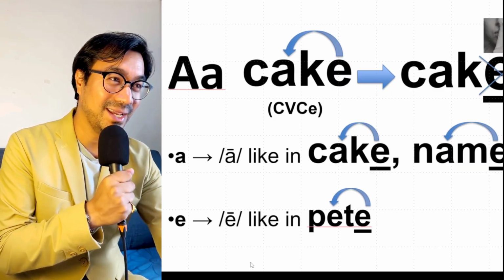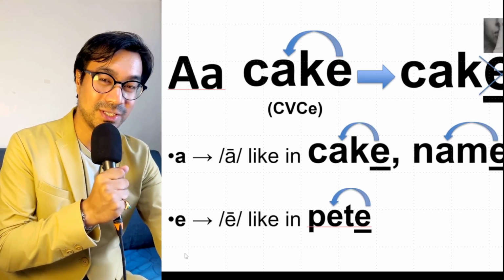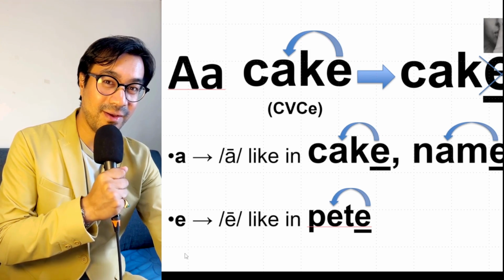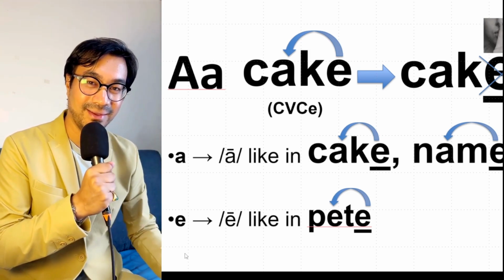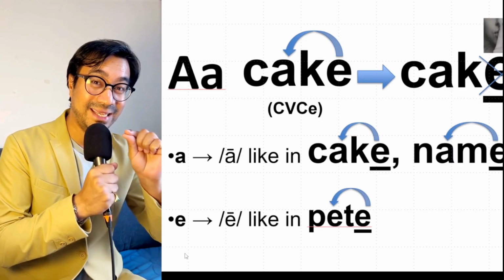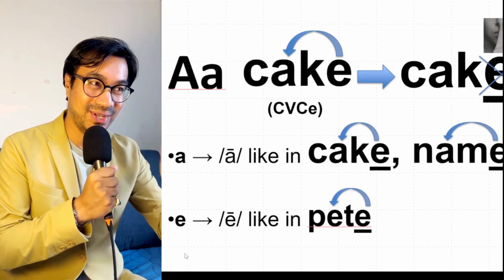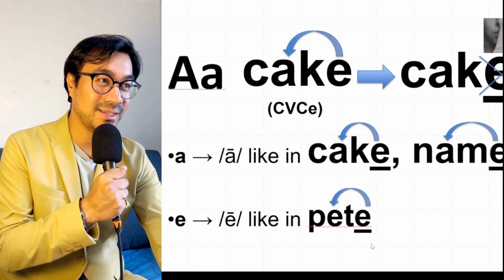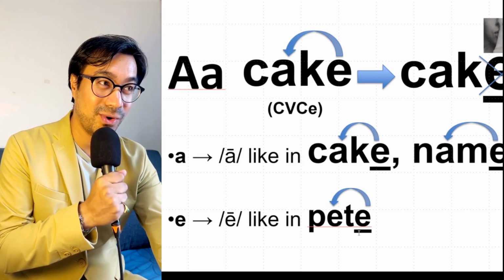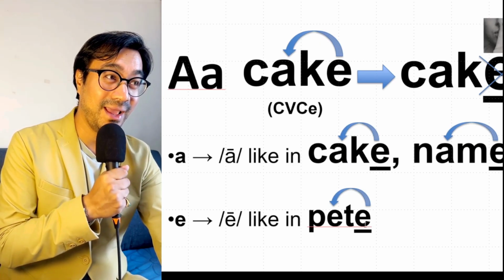Okay, let's see the E. What's the long sound? E. What's the short vowel? E. What's the long vowel? E. That's good. So let's see. Here E is at the end of the word, so we make this silent.